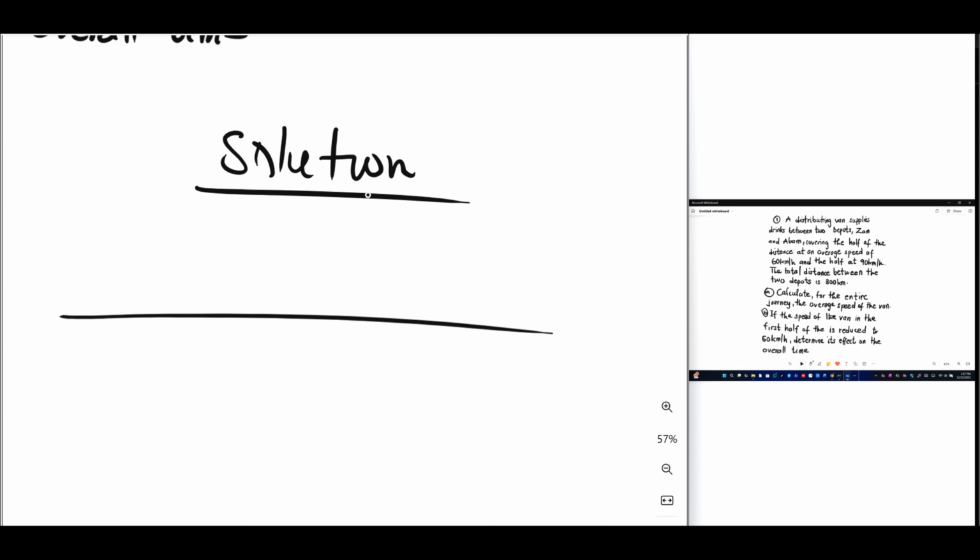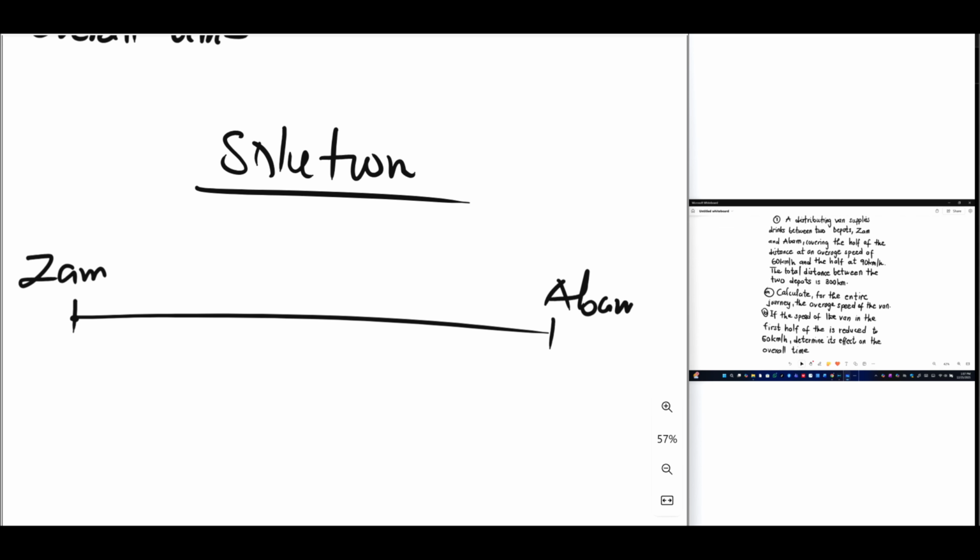I have a distance, and the first depot is here, which is Zam, and the second depot will be here, Abam.